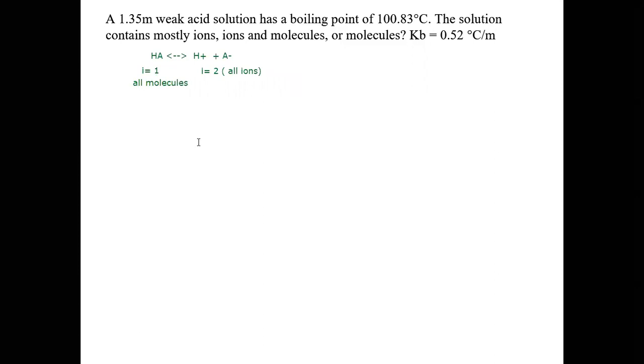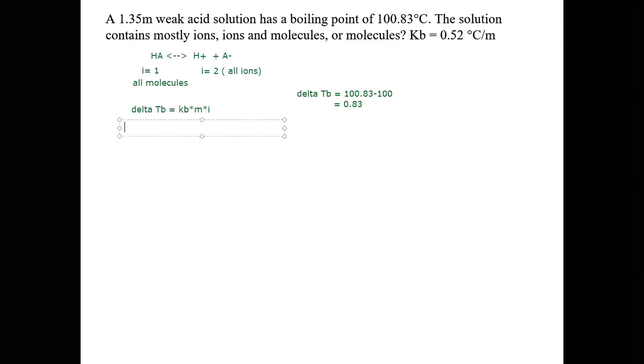So now if we calculate the Van't Hoff factor, if it's close to 1, it's going to be mostly molecules, some ions. If it's close to 2, it's going to be mostly ions, some molecules. Now delta TB equals Kb times m times i. So delta TB equals the boiling point of solution minus the boiling point of pure solvent. So delta TB equals 0.83.